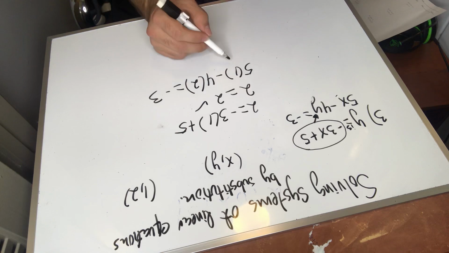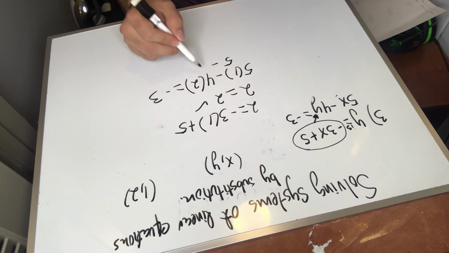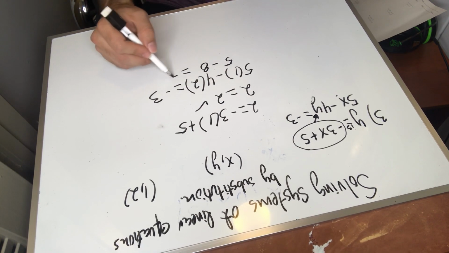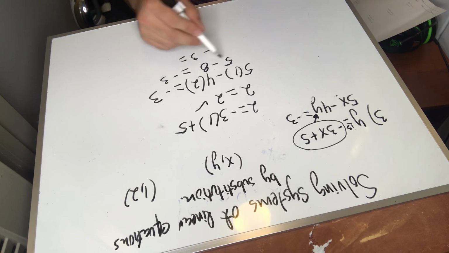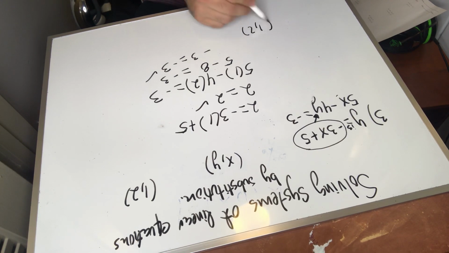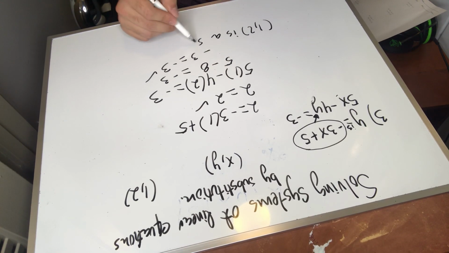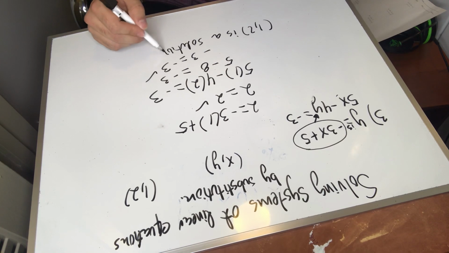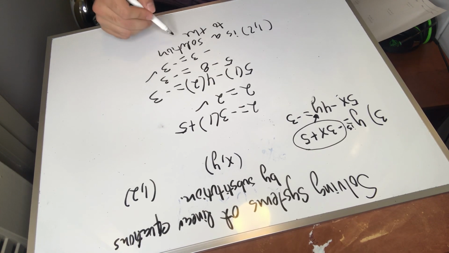So 5 times 1 is 5, negative 4 times 2 is negative 8. Is that equal to negative 3? Well, 5 minus 8 is negative 3, so it works. So we say that 1 comma 2 is a solution to the system.